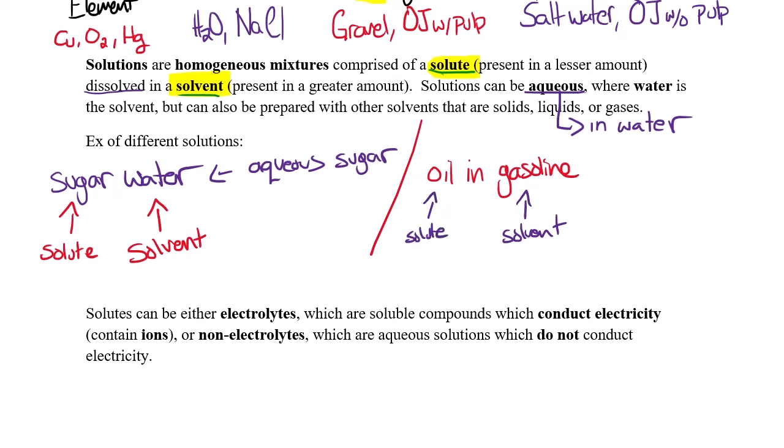Both of these examples had two liquids though. They don't have to be liquids. So air is a solution, even though they're all gases, right? They're evenly mixed. I can't easily separate them from each other. The main component of air is nitrogen. And the second most major component is oxygen.